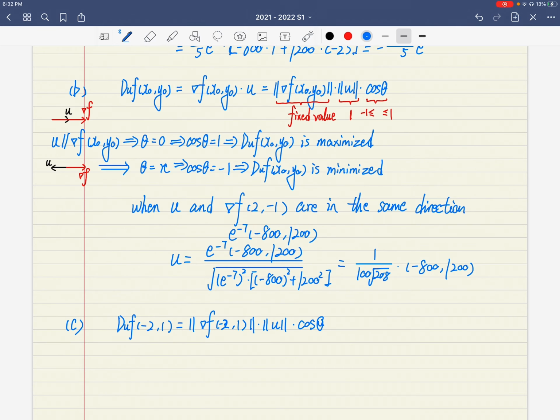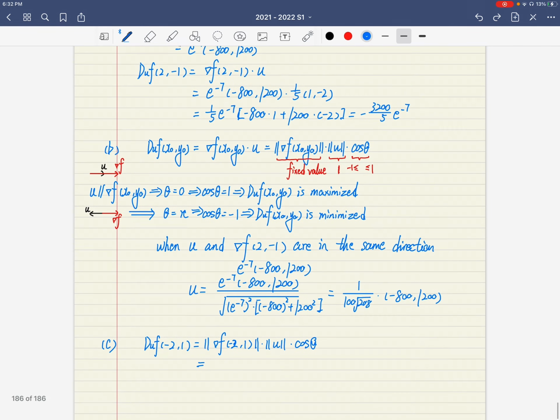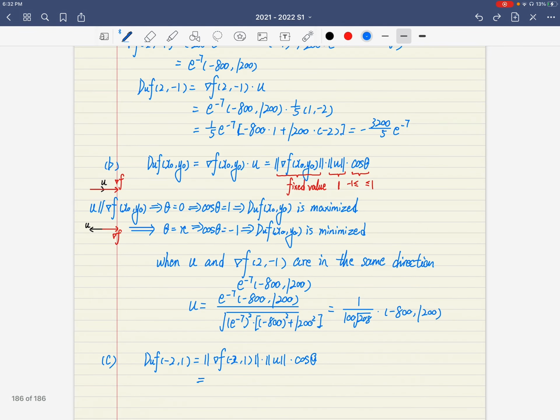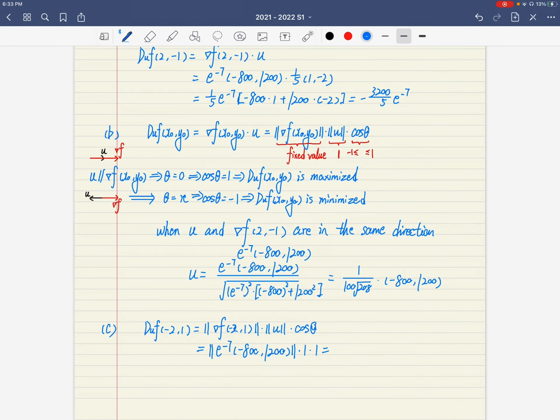This part is already given, it's just the length of e to the power of -7 times (-800, 1200), and times the length of u, which is 1, and cosine theta, which is 1. So you just have to do this part.